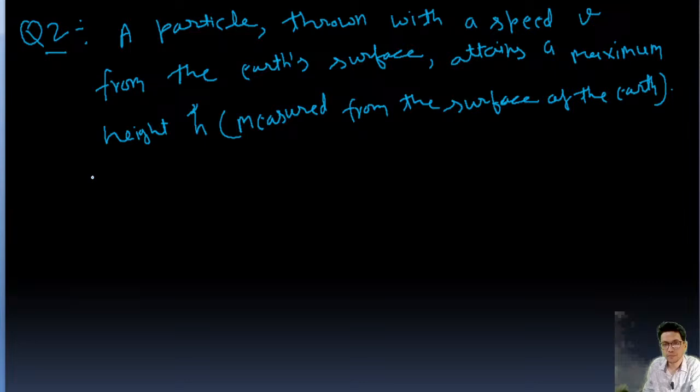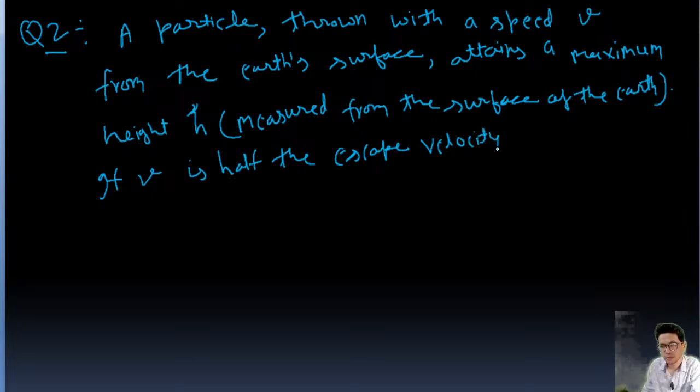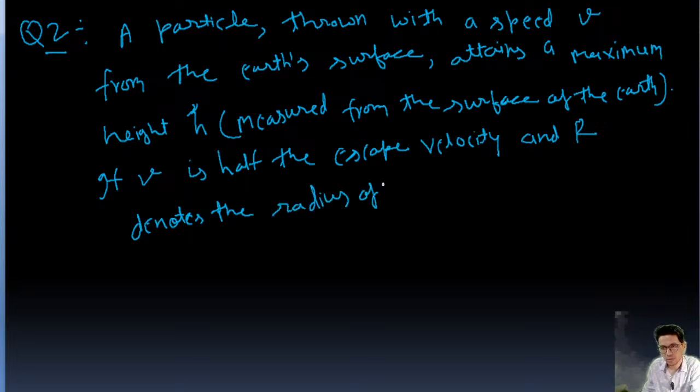If v is half the escape velocity and R denotes the radius of earth, then h upon R is the ratio of h and R that we need to find out.